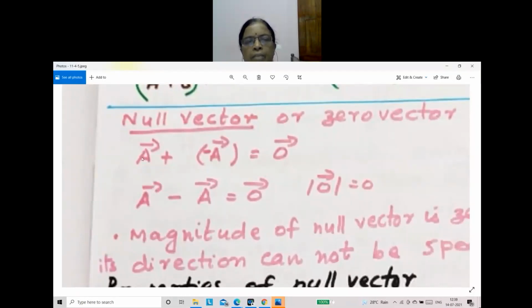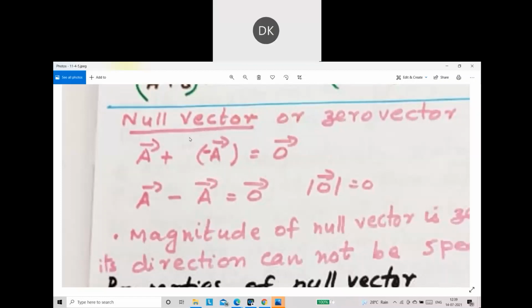For example, this is 5 in magnitude, and this is 5 itself, but in the opposite direction. So when we add those two vectors, plus 5 minus 5, what is the answer, children? Zero. So plus vector A and minus vector A, when we add them, we get the 0 vector.